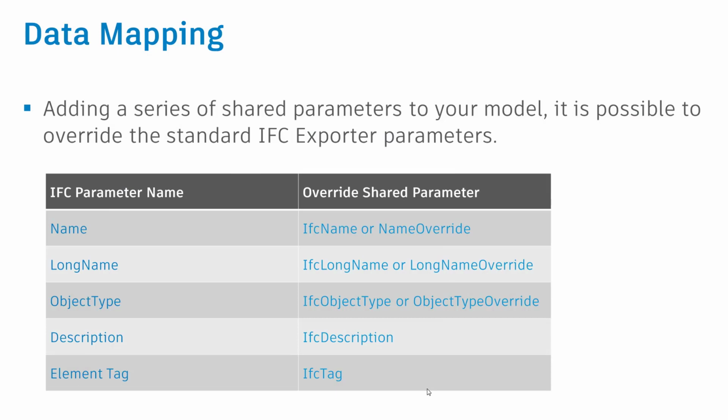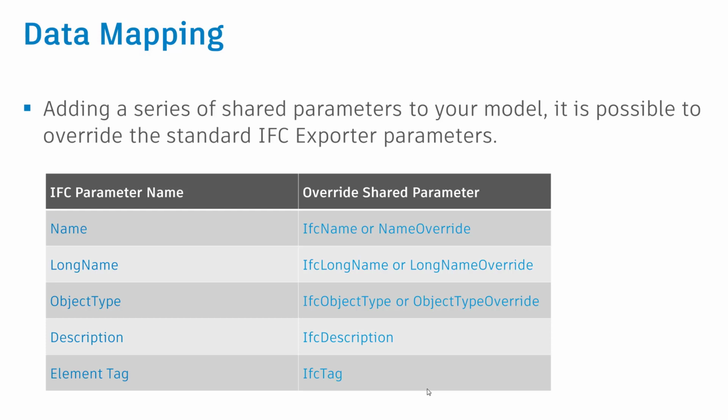As a standard out of the box, you can override some of the default ones that you just saw, and these apply across many objects. So you've got things like your IFC description, your IFC name, long name, object types, and sometimes you probably need to play around with these within your own organisation to understand how it works for you and what information maps where.